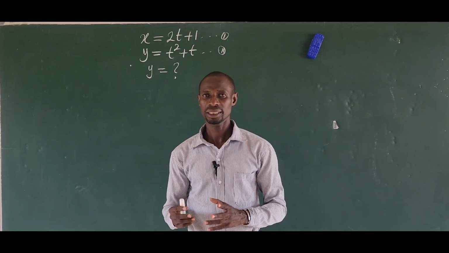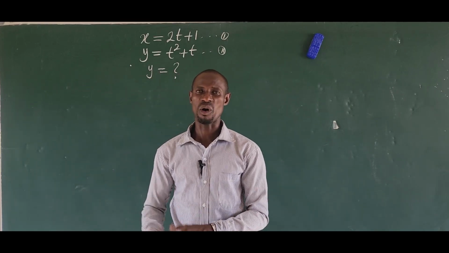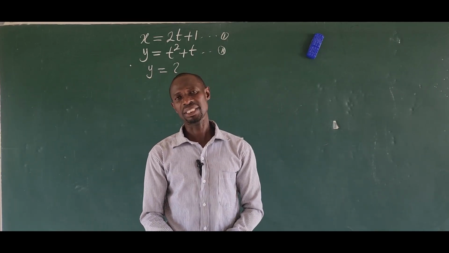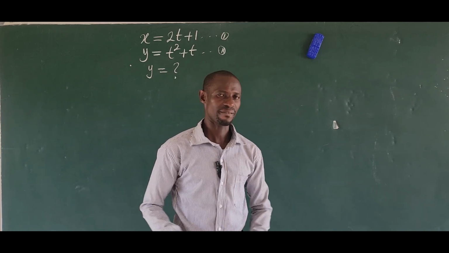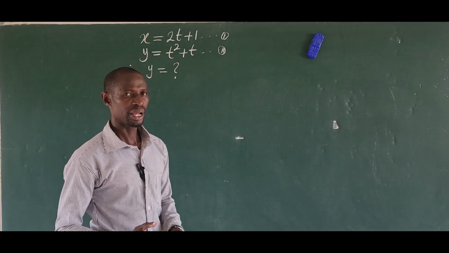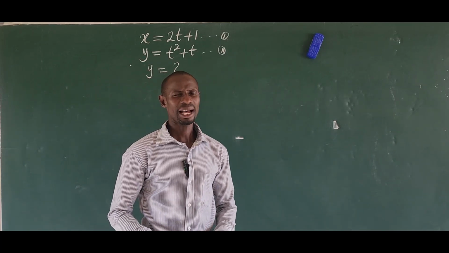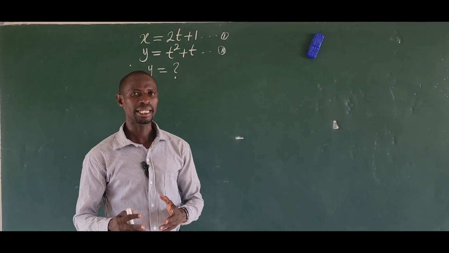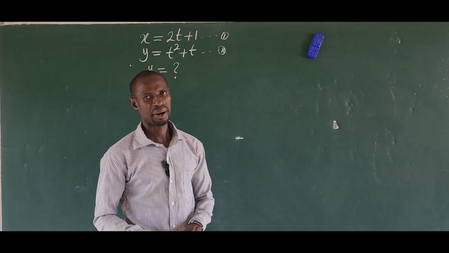In this math class, we want to introduce ourselves to what is called a parameter. A parameter in this challenge is just an extra variable. We have the x and the y variable here, so t is serving as an extra variable. In the context of the x and y coordinate axis, what is a parameter?